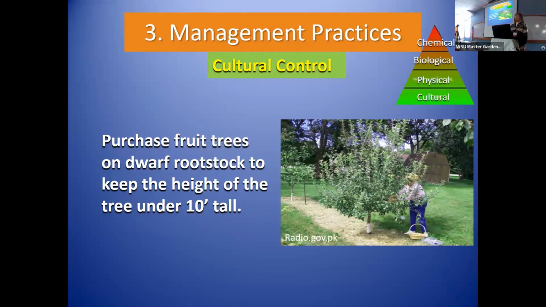And there's an advantage for that in that you can see the pests. You can look into your tree, you can see your fruit, you can look for insect damage, and you know what's going on, as opposed to if your tree is 30 feet up in the air, that upper area, you're just not going to really know what's going on. Also, it's going to be easier to harvest in the fall and require maybe even no ladder work.